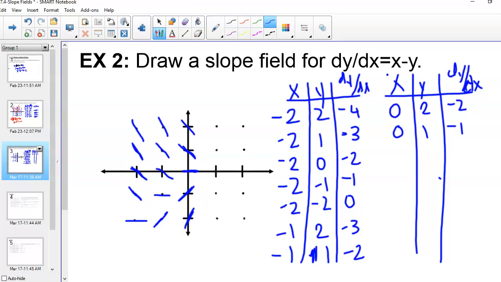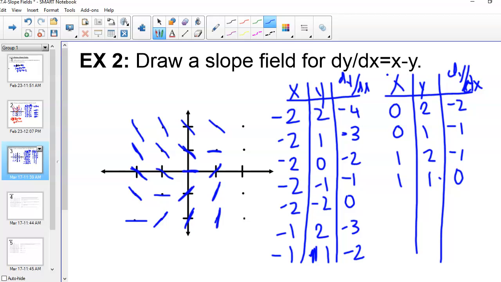Okay. Then I would have the point 1, 2. 1 minus 2 is going to give me a slope of negative 1. Then 1, 1 would give me a slope of 0. And then I'm going to end up with a positive 1, a positive 2, and a positive 3.